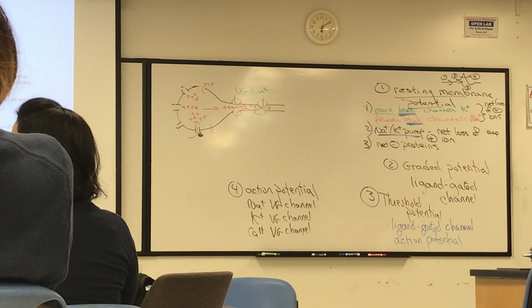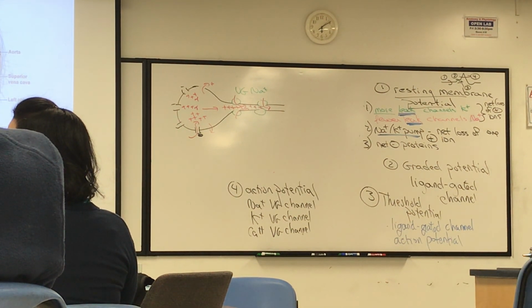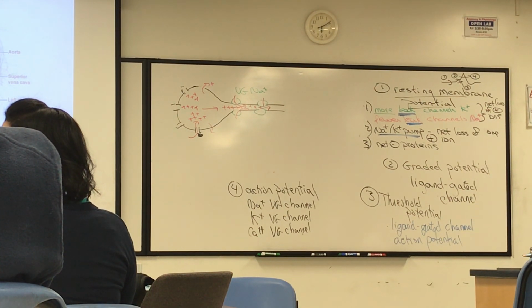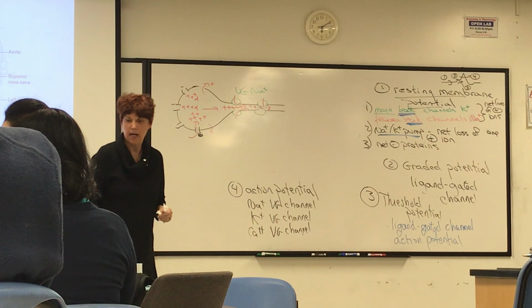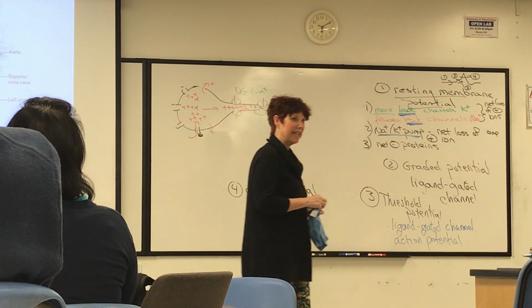All right. So looking at the heart, and we'll look at this again on Thursday when we actually talk about an ECG, we have several regions of specialized muscle cells that are not contractile. Okay?